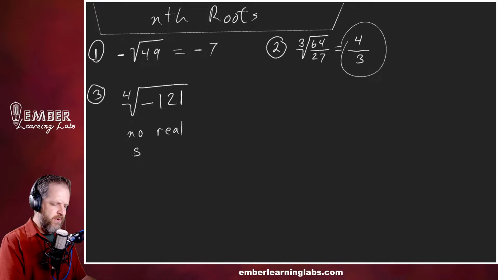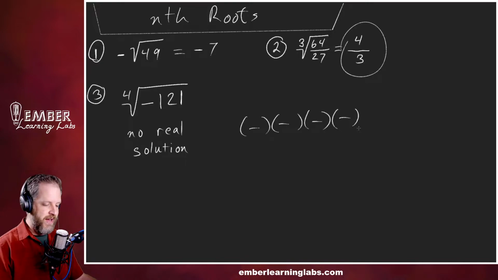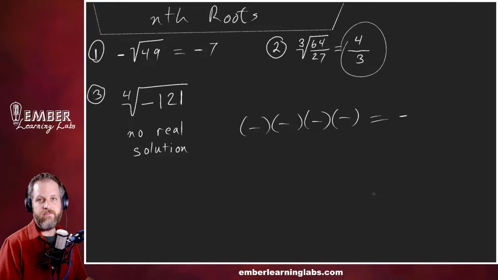And in case you're like, well, wait a minute, why? Then I will explain it to you. Give me half a second. You can't multiply a negative times a negative times a negative times a negative, any even number of negatives, and get a negative answer.